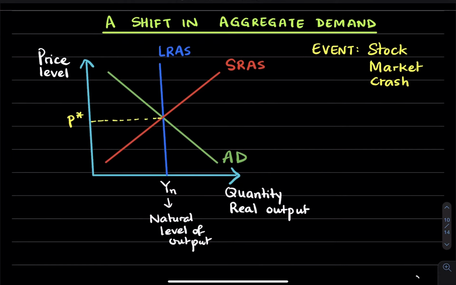Let's talk about an event which is going to cause a recession, and maybe a couple of events that can cause a recession. There could be a stock market crash. There could be a housing market crash.